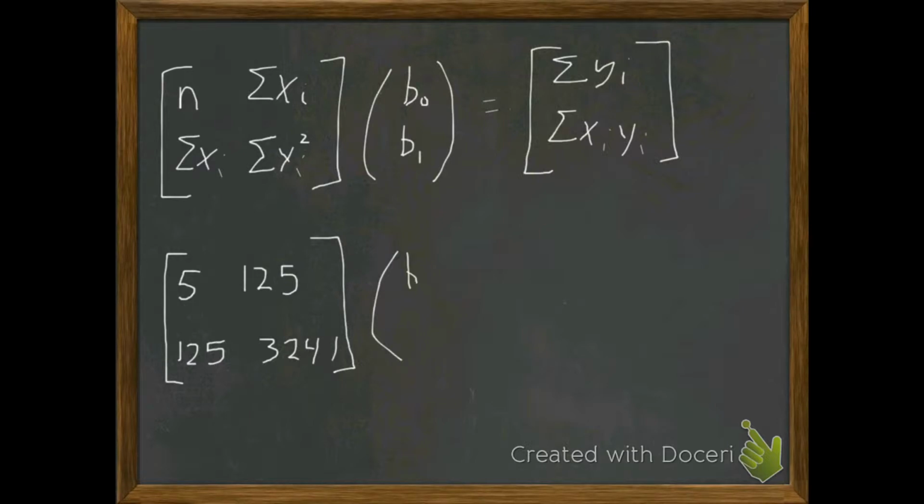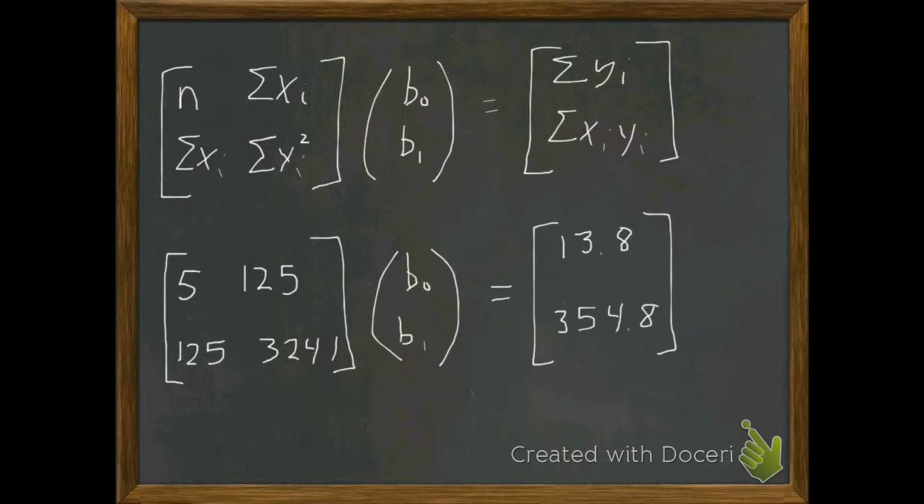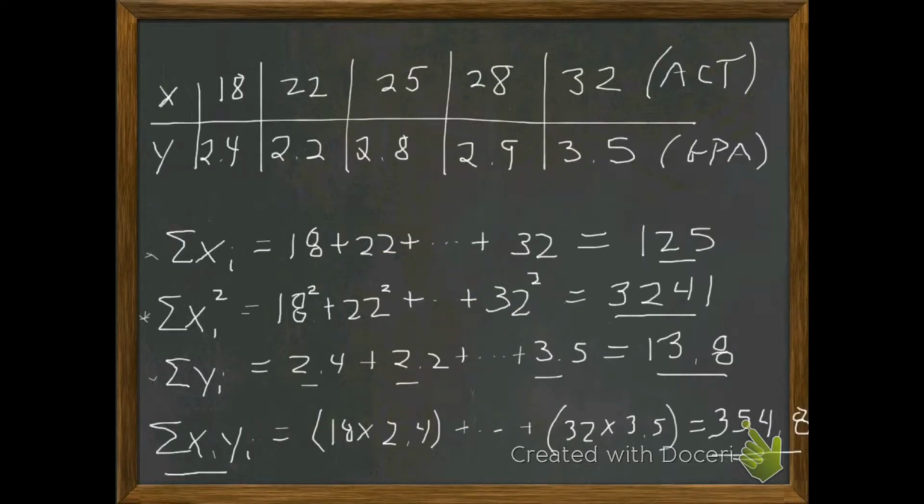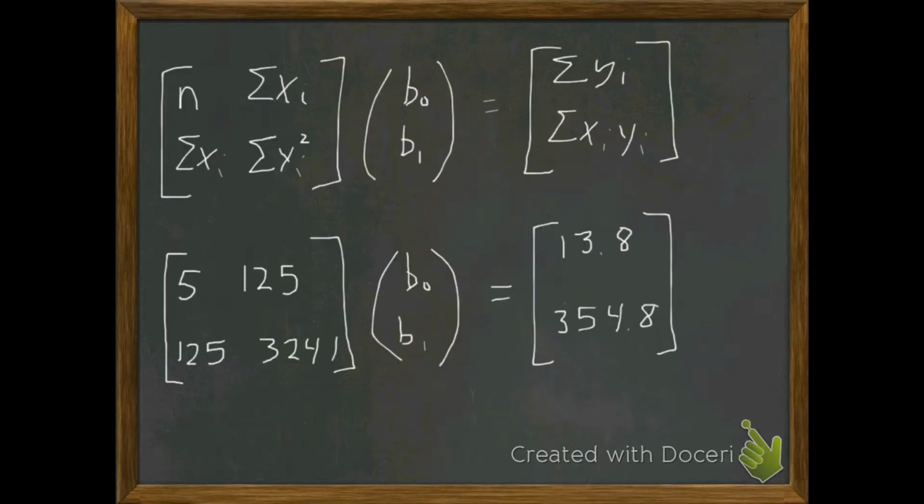So we have B0, B1, and from the beginning of this video we saw that this was 13.8 and this is 354.8. I think that 354.8, that's what we had, right? Yeah. Sorry for jumping around on you.